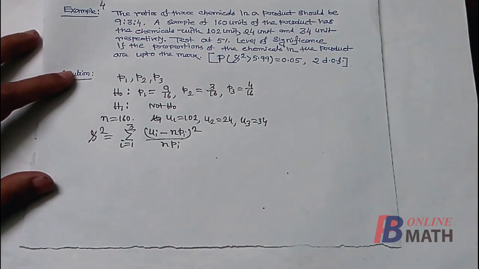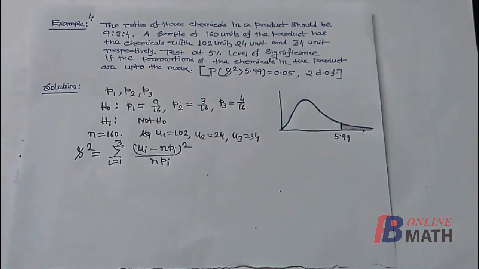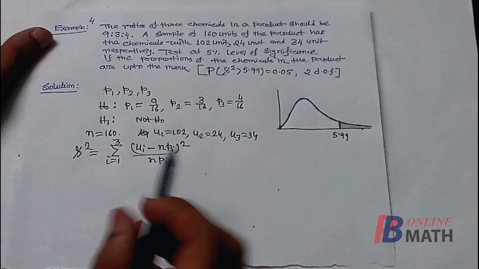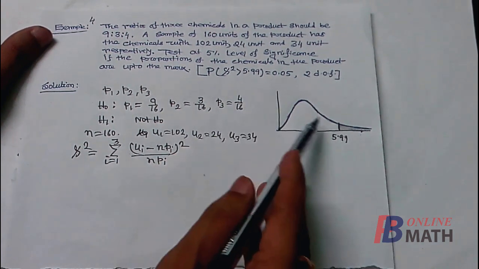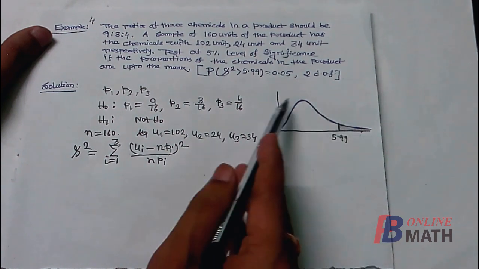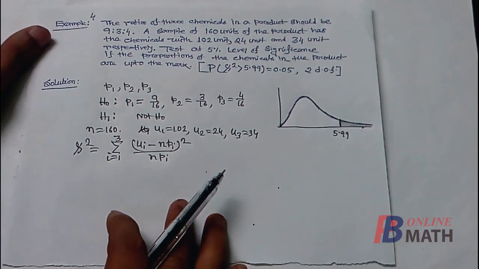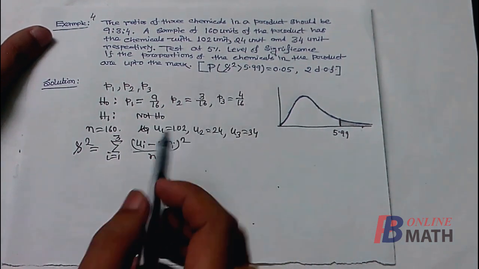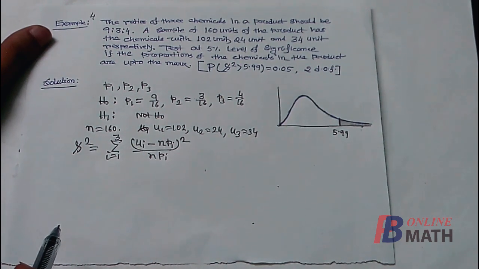Next, we draw the sketch of this chi-square distribution to find the critical region. This is a very rough sketch of this chi-square distribution, and from the given data I found that the area between 5.99 and plus infinity is 0.05, so 5% area for 2 degrees of freedom. We have to test the hypothesis at 5% level of significance, so 5% should be the critical region and the remaining 95% is the non-critical region.